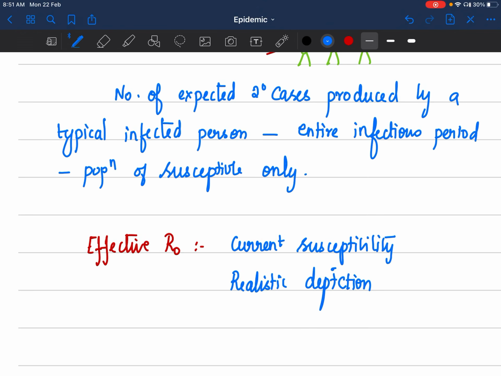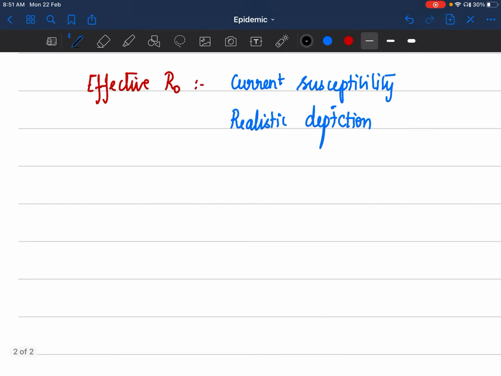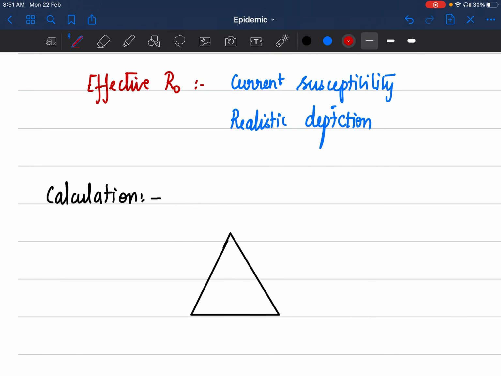So for calculation of R-naught, what are the factors that are important and how are you going to calculate it? Calculation of R-naught depends on three factors. What are the three factors? Let's see. First, there should be a person who has an infection with an infectious period.